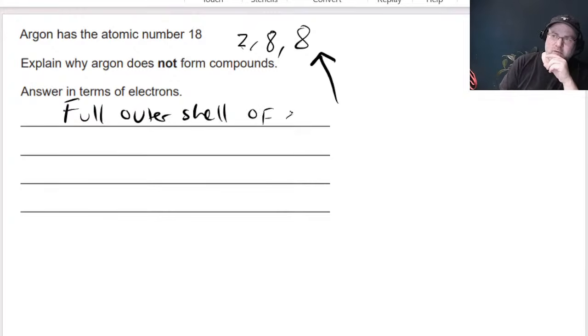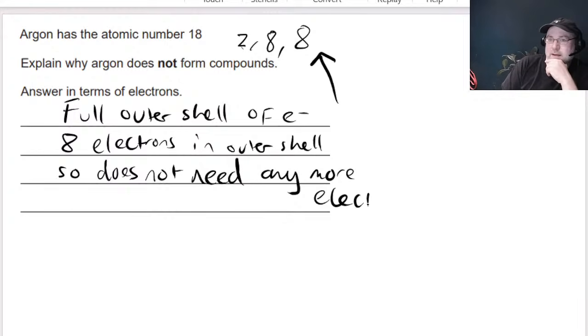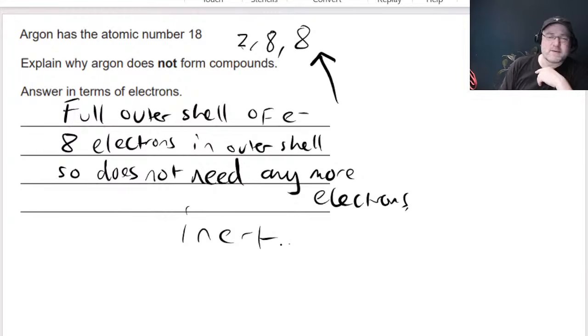A full outer shell of electrons, or I can say 8 electrons in the outer shell. So it does not need any more electrons. I might be overdoing it a bit there. I might even just write the word inert.